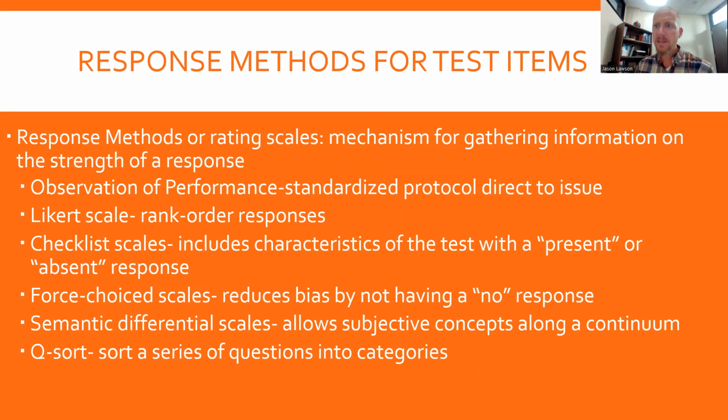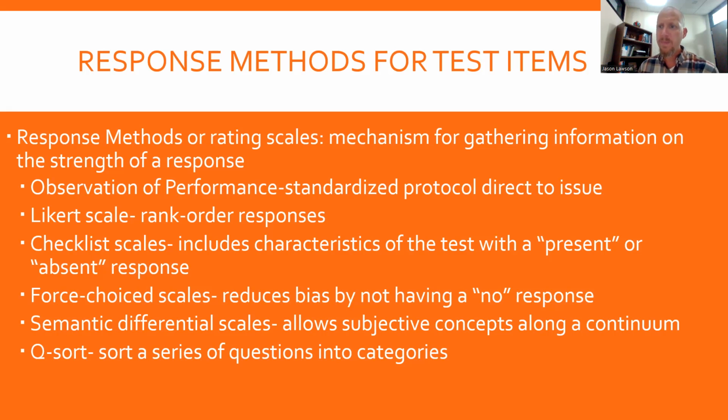Different scores are responded to in different ways. There could be different rating scales or different methods for scoring. Some of the assessment tools that we administer are based on observation of the patient's performance.